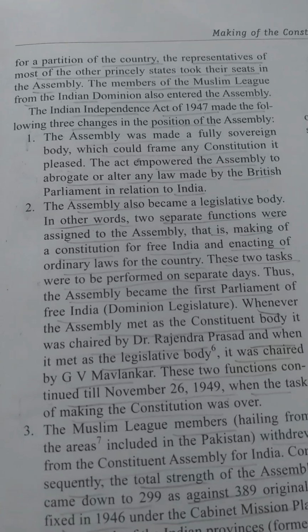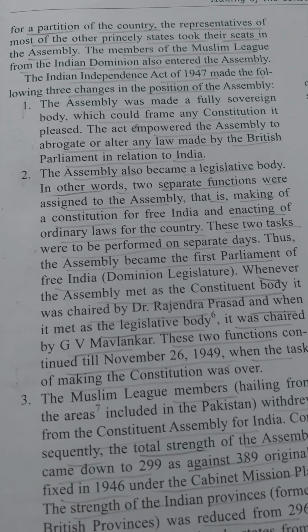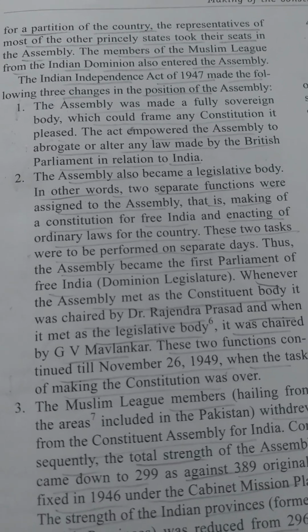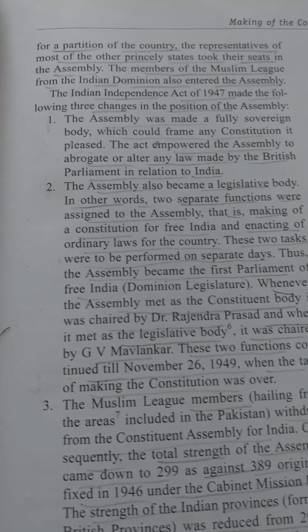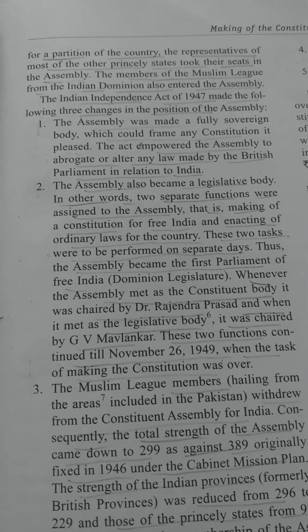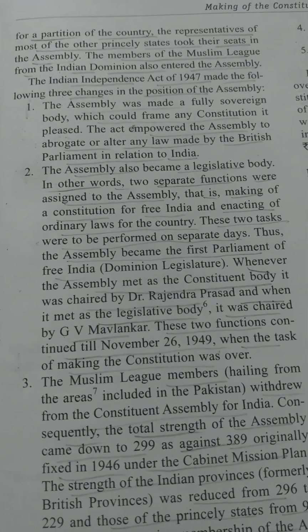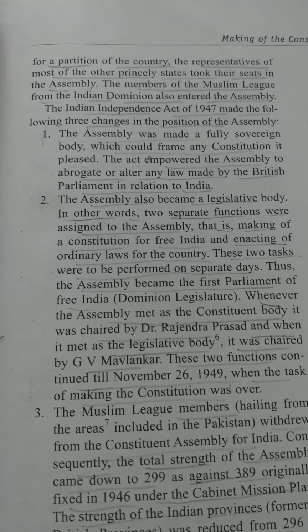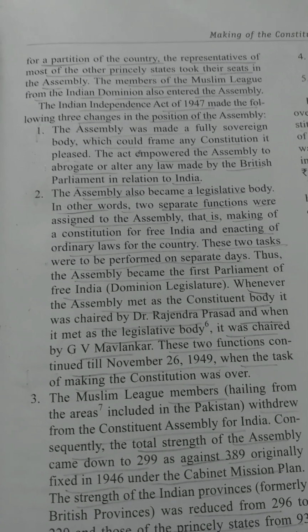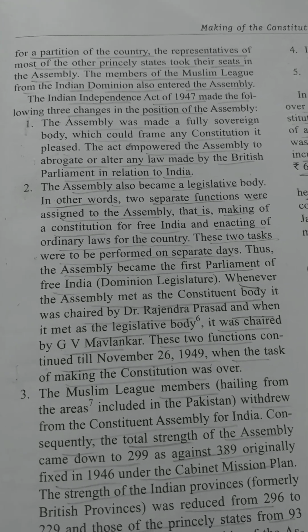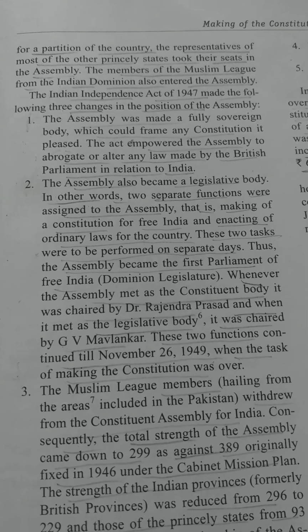The Indian Independence Act of 1947 made the following three changes in the position of the assembly. The assembly was made a fully sovereign body which could frame any constitution it pleased.